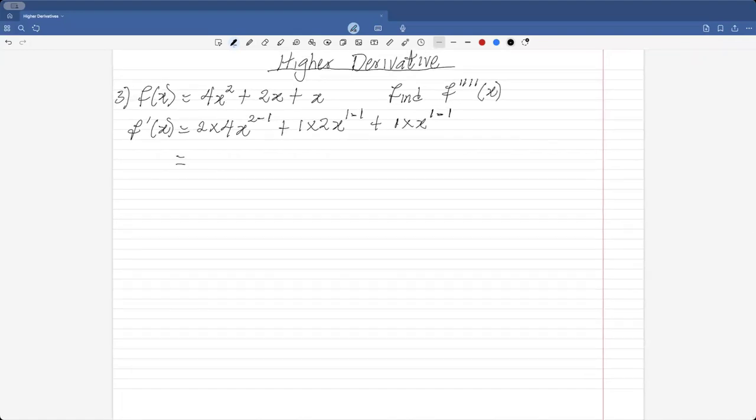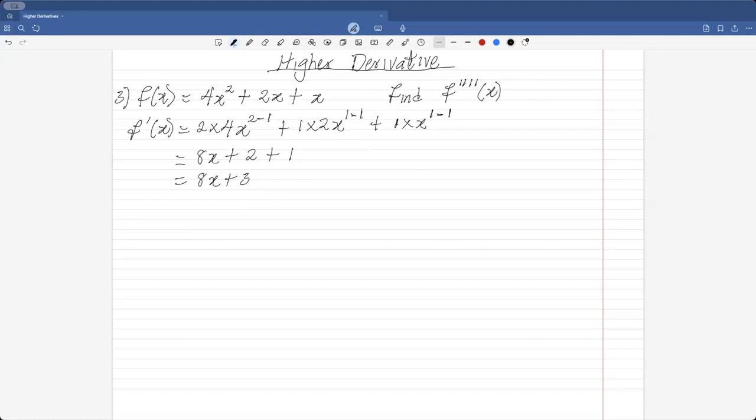We have 8x plus 2 plus 1. And at the end of it, we have 8x plus 3, which is our first derivative.